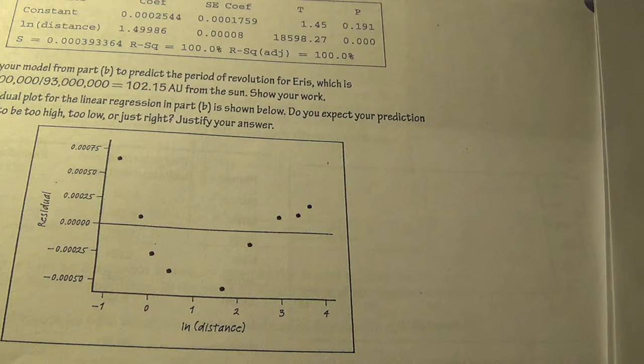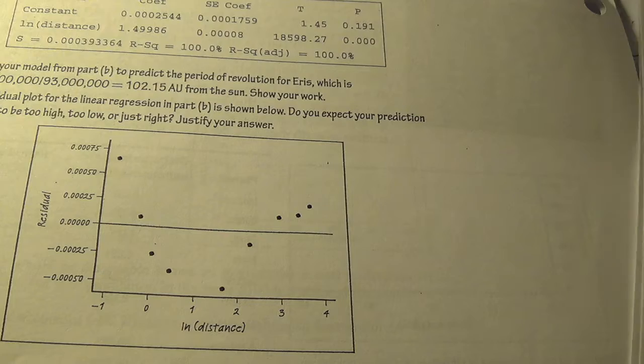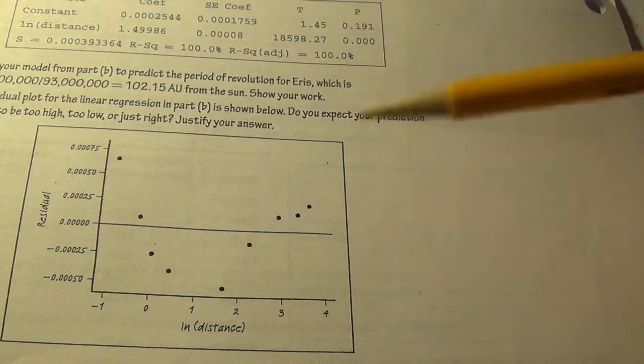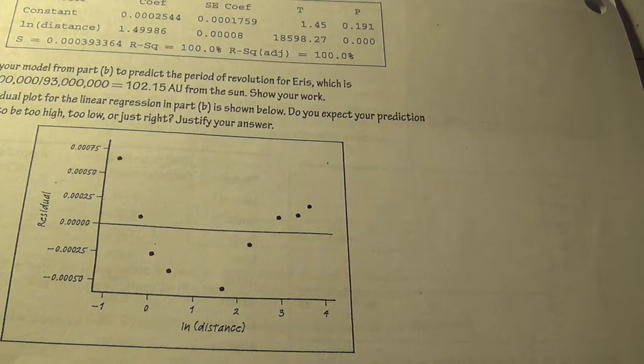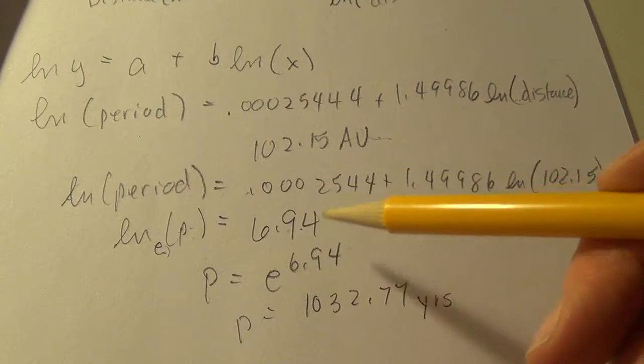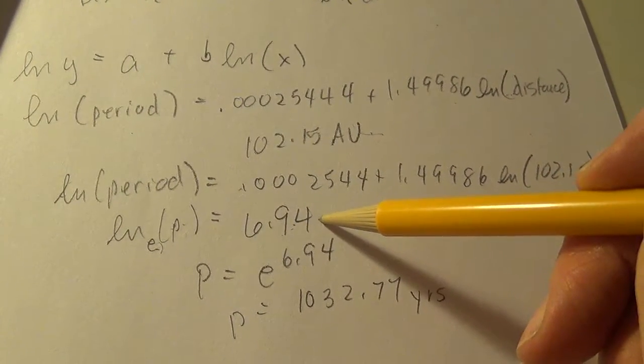The distance was 102.15, but we were required to take the ln of that. So when you took the ln of 102, it came out in the middle of our calculation right here. It says ln of the period is 6.94.